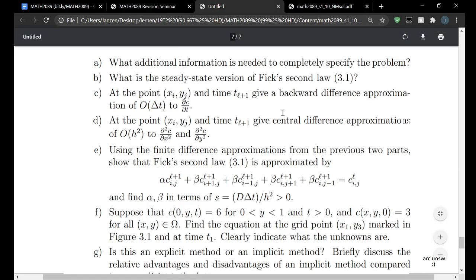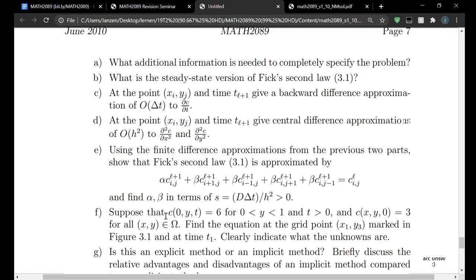Question F. Suppose that c... Alright, so this is the boundary condition, this is the initial condition. Find the equation at the grid point x1.